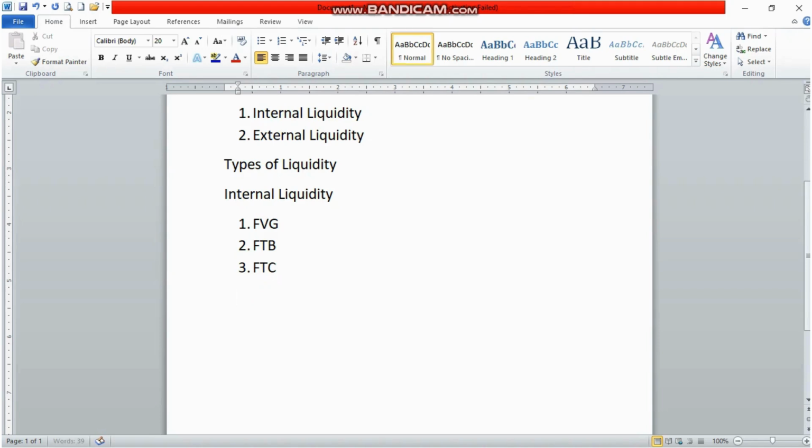And in the external liquidity, we have the equal high and equal low. We have the trend line liquidity.